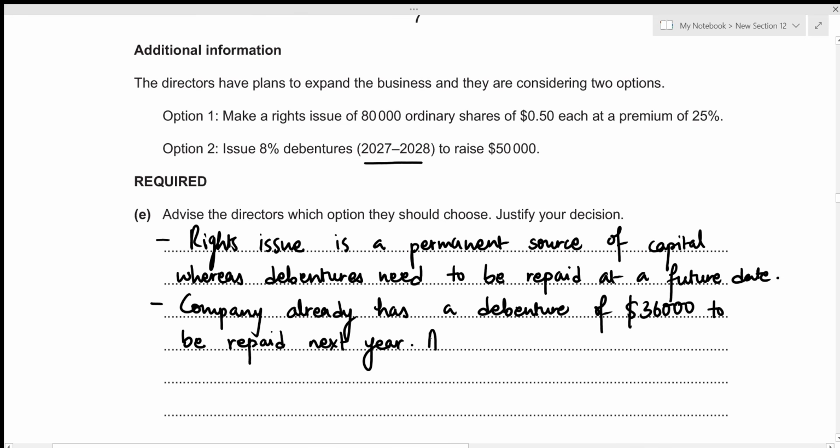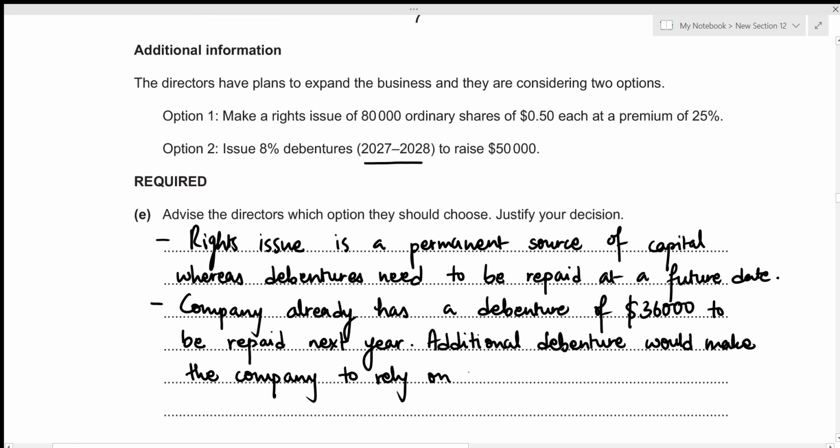And then the additional debenture would make the company rely on capital brought in from debenture, which is a disadvantage.